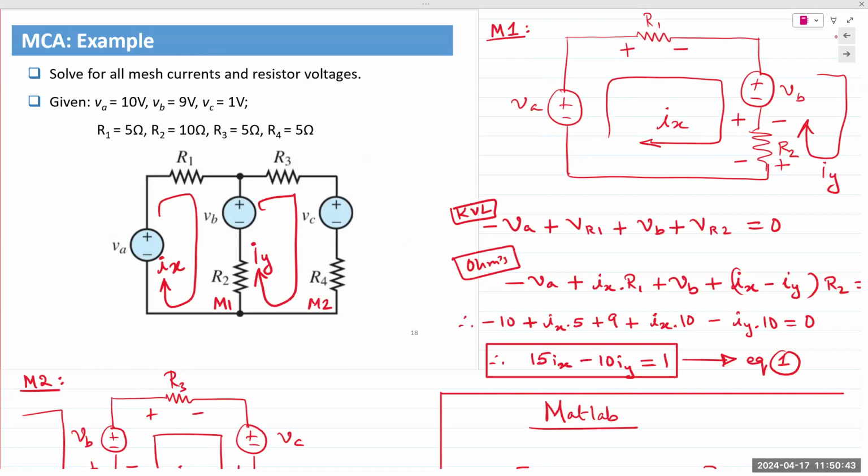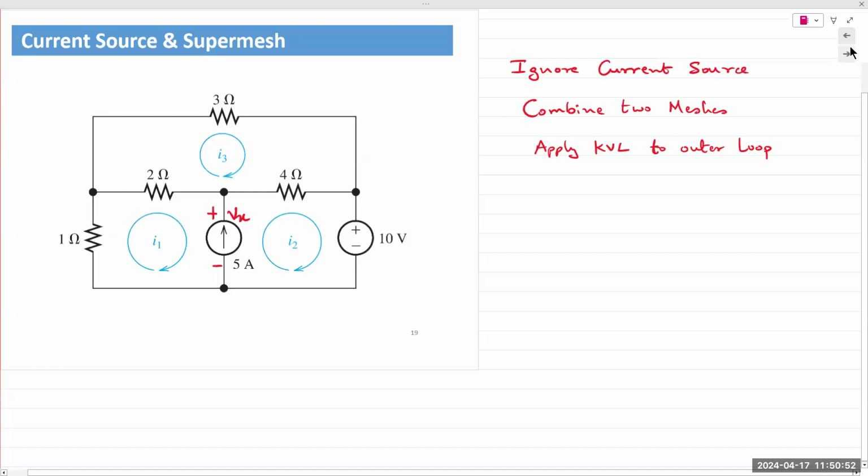The concept still remains the same. We can still apply KVL in the outer mesh, but we won't apply it to the individual meshes. Okay, so a current source that is shared between 2 meshes. I will draw out the circuit by combining the 2 meshes together.